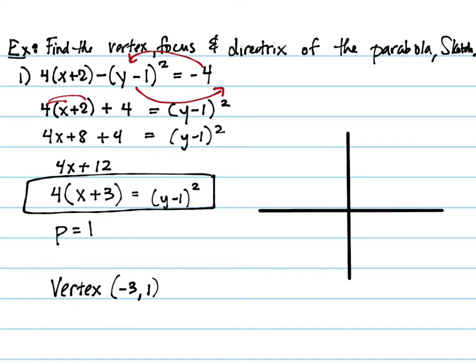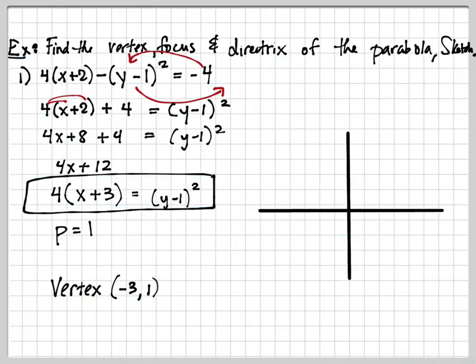Okay, so negative 3, 1. So over here on my graph, in fact, we're going to switch to some graph paper. We have negative 3 and 1. So here's my vertex.